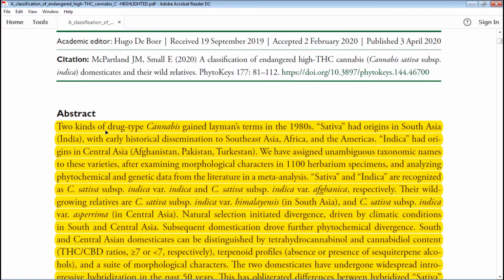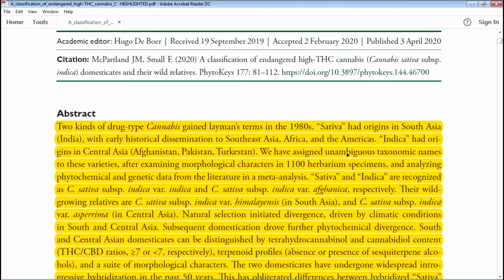Two kinds of drug type cannabis gained layman's terms in the 1980s. Sativa had origins in South Asia, India, with early historical dissemination to Southeast Asia, Africa, and the Americas. Indica had origins in Central Asia, Afghanistan, Pakistan, Turkestan.